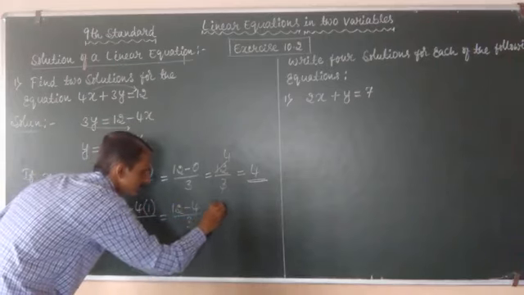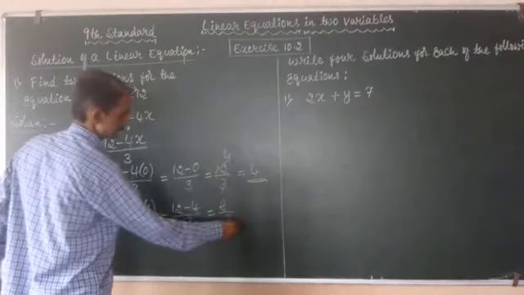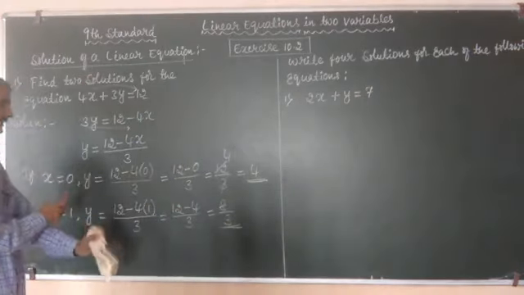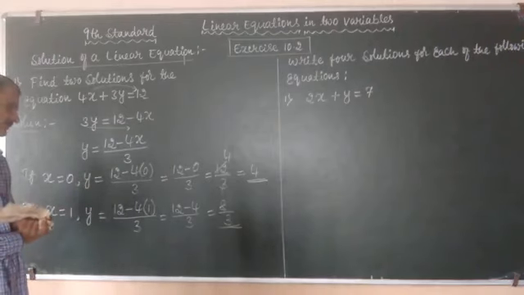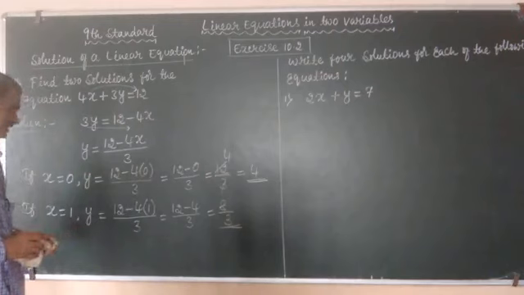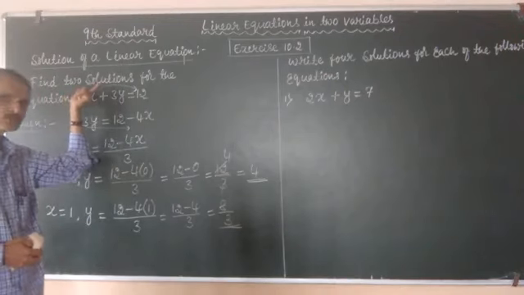So 12 minus 4 is 8 by 3. So another value is 8 by 3. Okay, so it is enough because they have asked to find out two solutions.